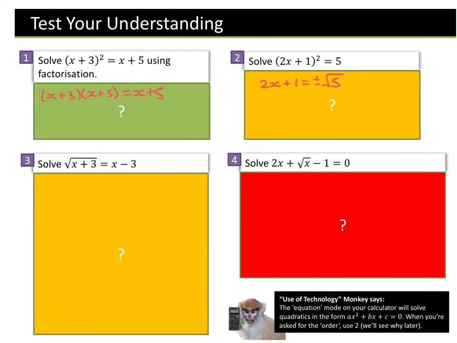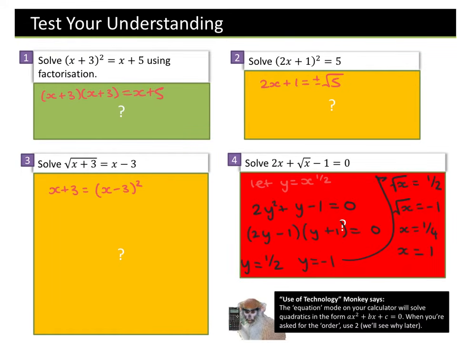For the third one, I'd square both sides, so I get x plus 3 equals x minus 3 squared, and I'd expand the bracket on the right-hand side. And then for the last one, I'd use substitution. Let y equal x to the power of a half.